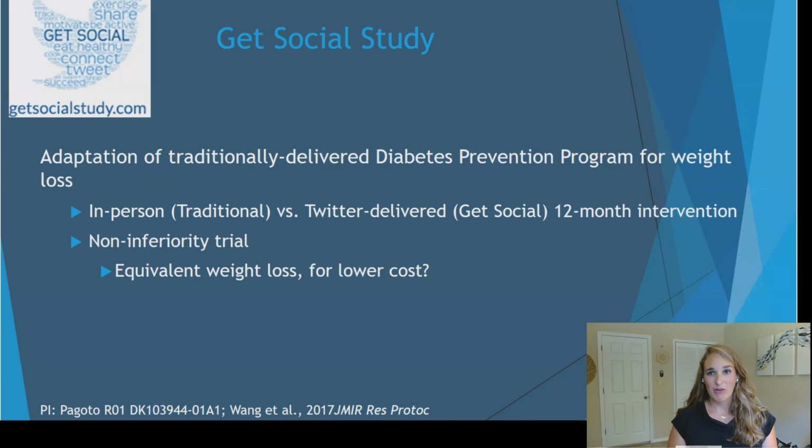So here I'm going to talk about one of the case studies within one of Sherry's studies. This is called the Get Social study. This was an adaptation of a diabetes prevention program weight loss intervention that here is tested either in person or via a Twitter-delivered group. This is a 12-month intervention testing for non-inferiority between these 2 groups.